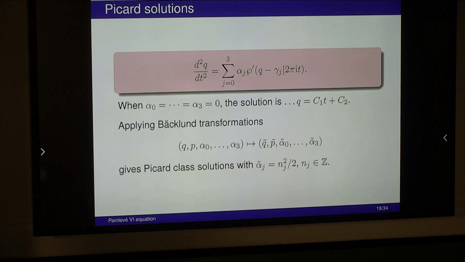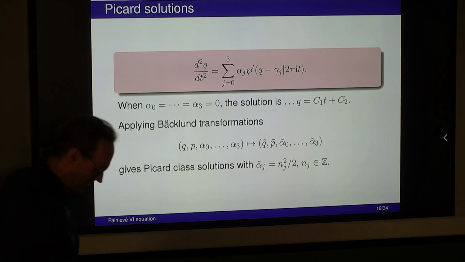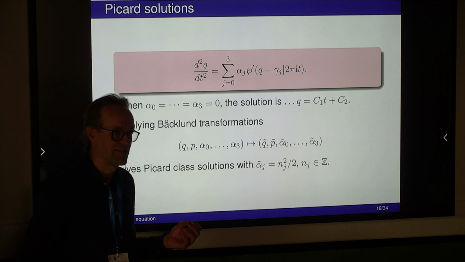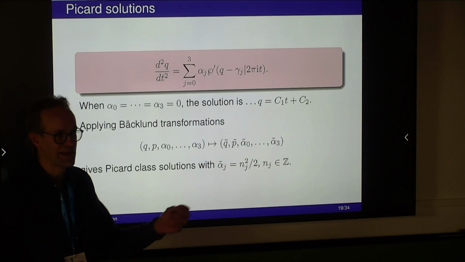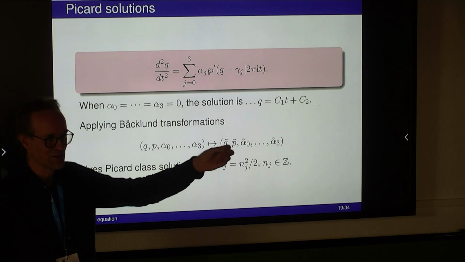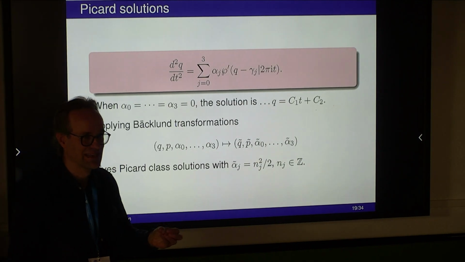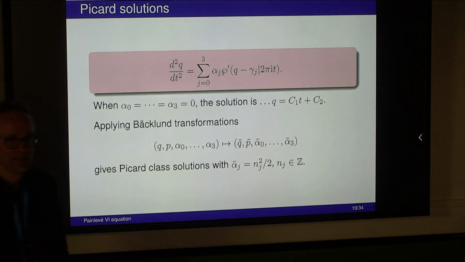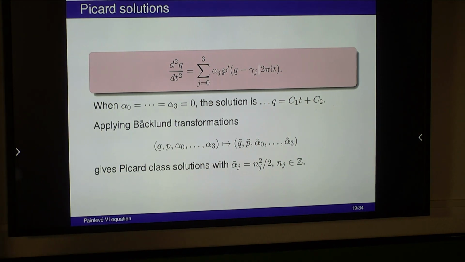Okay, and then one nice thing about Painlevé equations is that they have a lot of symmetries. They have infinitely many symmetries. So if you have one solution, you can start acting on this solution with your symmetries, and you get infinitely many solutions, typically with different parameters.